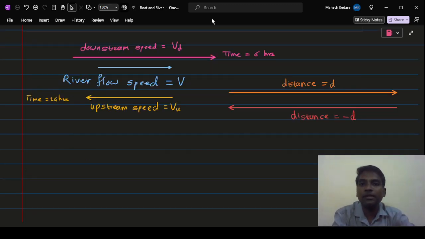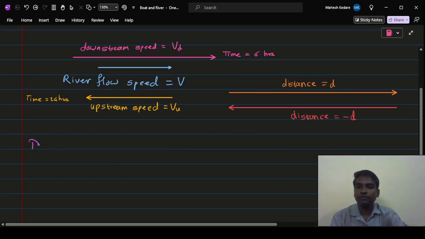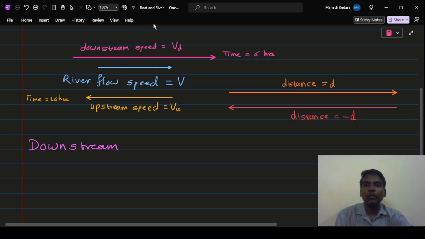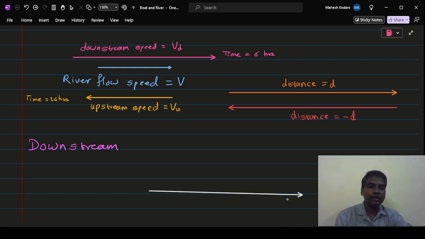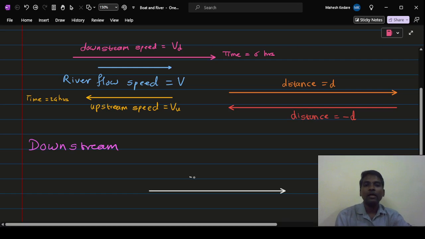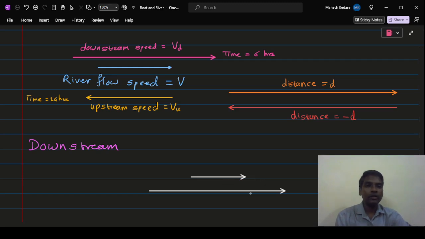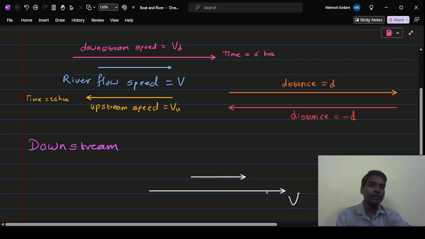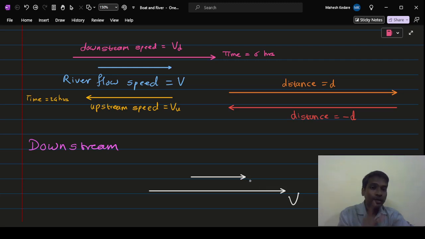Let's first discuss downstream motion. When it is a downstream motion, as I already told you, if the river is flowing in say this direction as shown by the arrow, and the boat is also traveling in the same direction on the river, then the total speed of the boat... this is what we represent as the speed of river, and the speed of the boat relative to river, or speed of the boat measured relative to river.